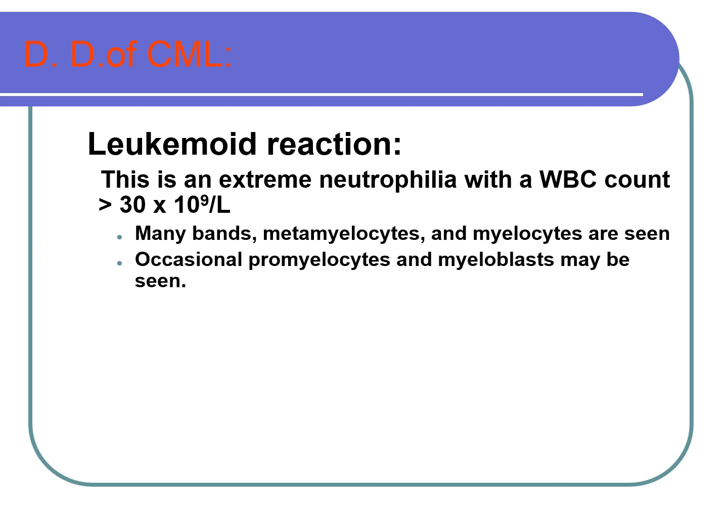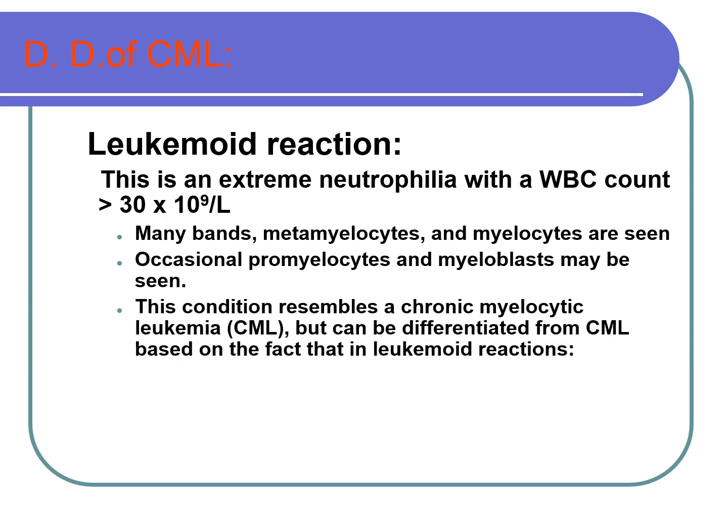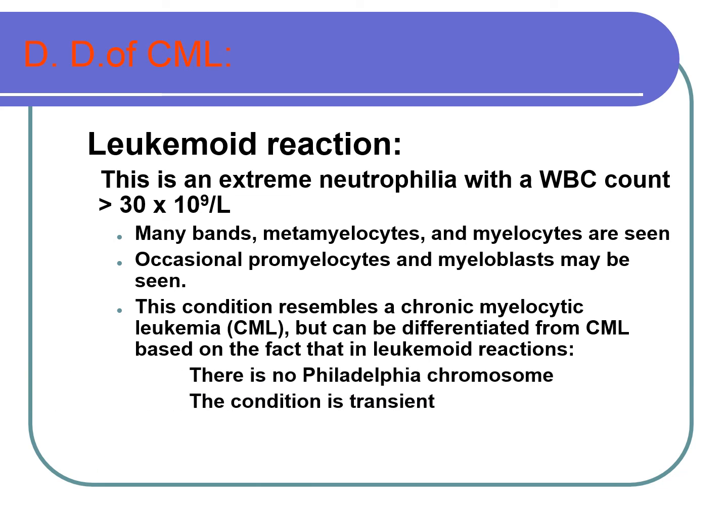We can see occasional promyelocytes, and myeloblasts may also be seen. This condition is very confusing with chronic myeloid leukemia and can be differentiated from it by doing certain more investigation.